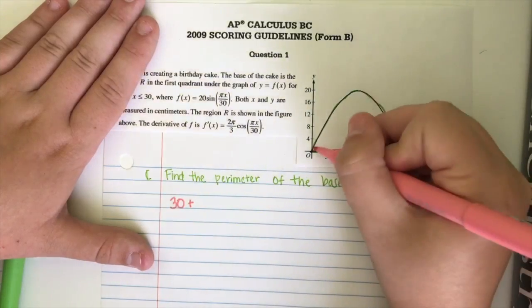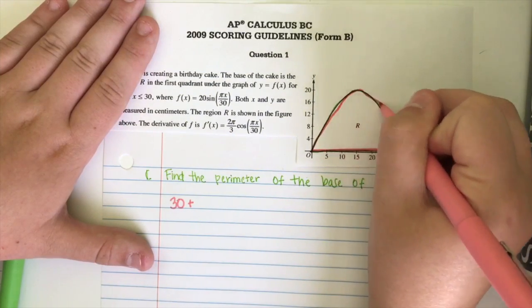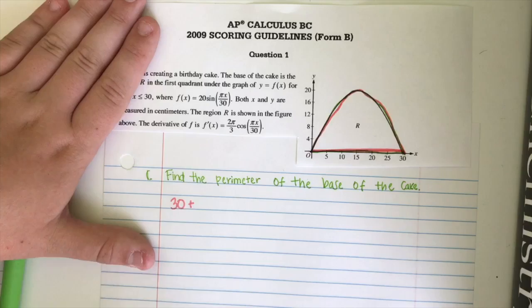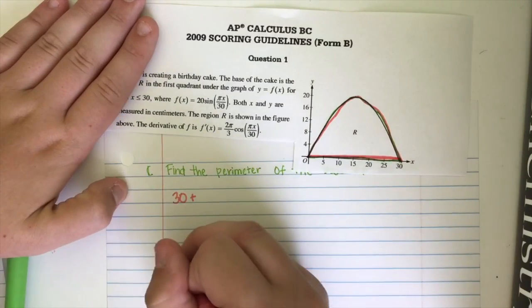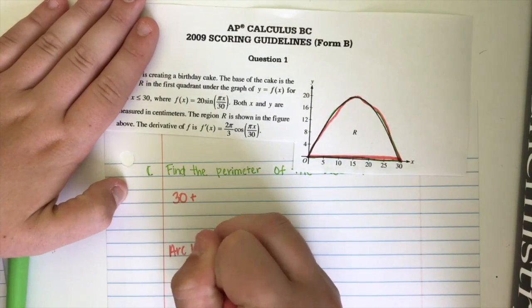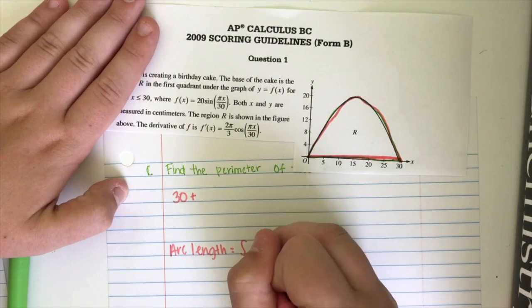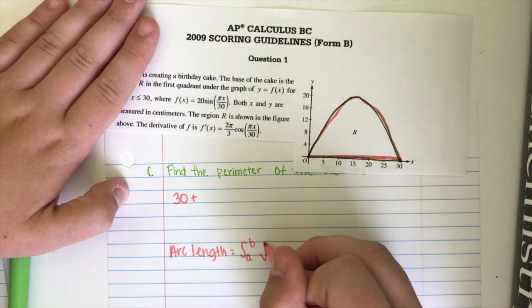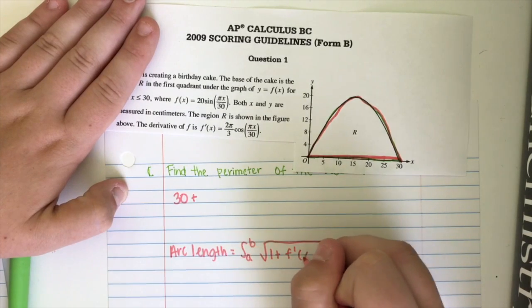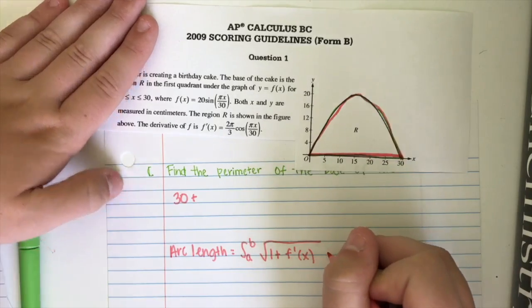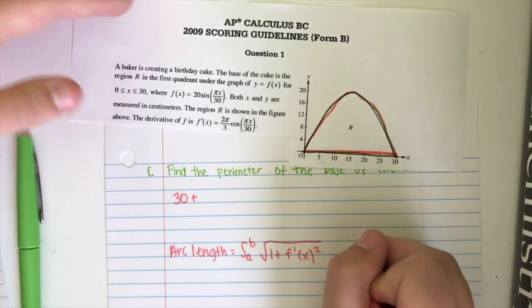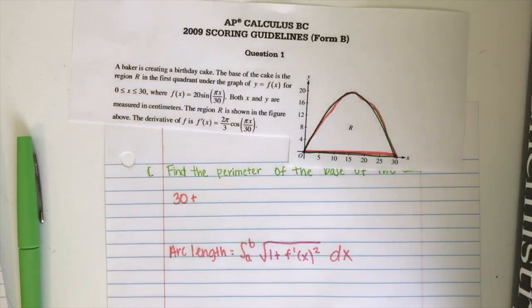Then to find the length of the curve, you have to use the arc length formula. And we know arc length is the integral from a to b of the square root of 1 plus f prime of x squared dx.